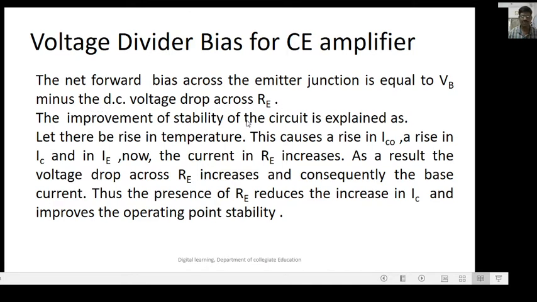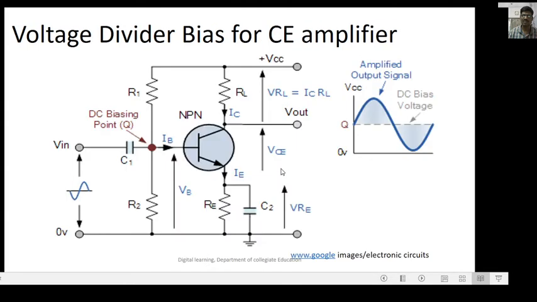The improvement in stability of the circuit is explained as follows. Let there be a rise in temperature. This causes a rise in ICO, so a rise in IC and IE. Now the current in RE, the emitter resistance, increases.